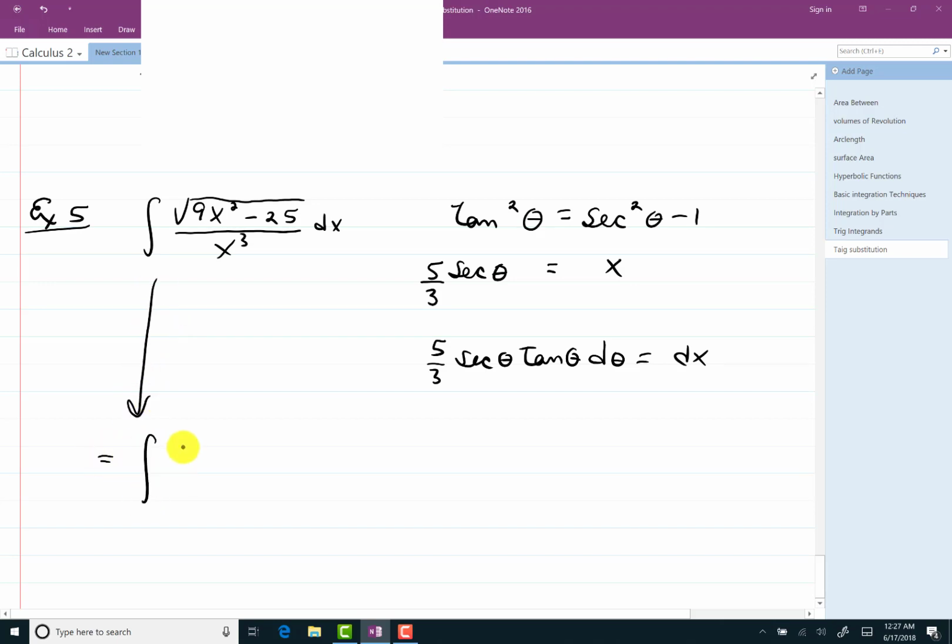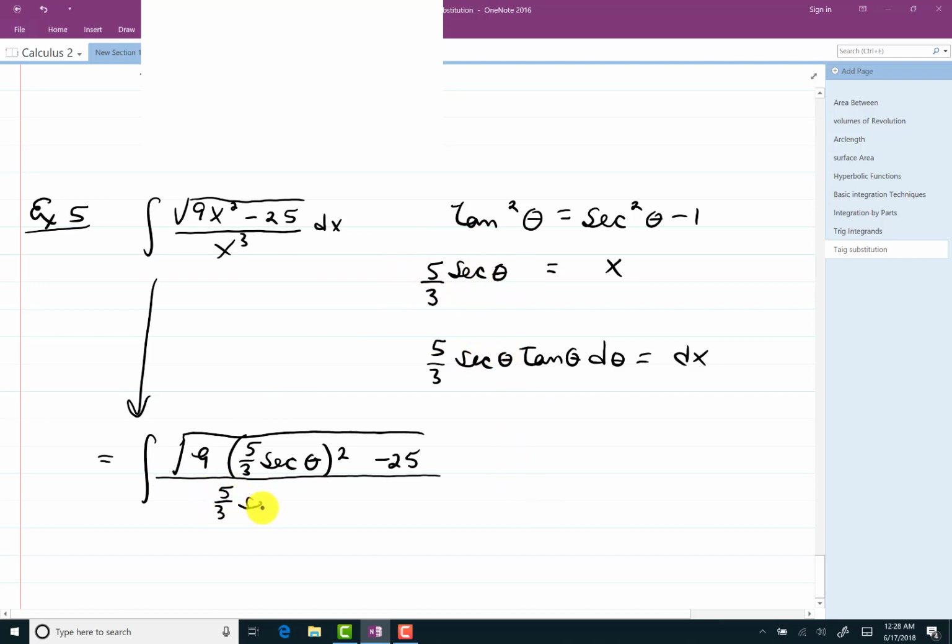Alright, I'll make sure that everything works out. I'll put my 9, and I'll put this in parentheses and squared. 5/3 secant theta squared minus 25, all over, and the bottom was x cubed, so this thing cubed.